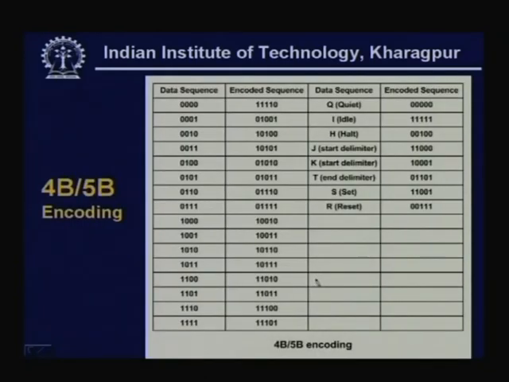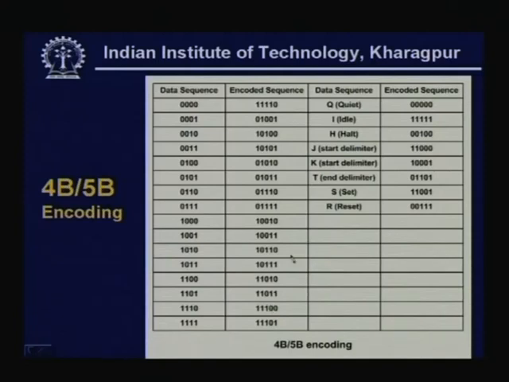Let us see an example of how the encoding is done. You see here, 4 zeros have been replaced by 1 1 1 1 0. This is 5-bit, this is 4-bit. 0 0 0 1 is replaced by 0 1 1 0 1 0 0 1, and you can see that when there is a long sequence of zeros, like 4 zeros or 4 ones, 0s and 1s are introduced.